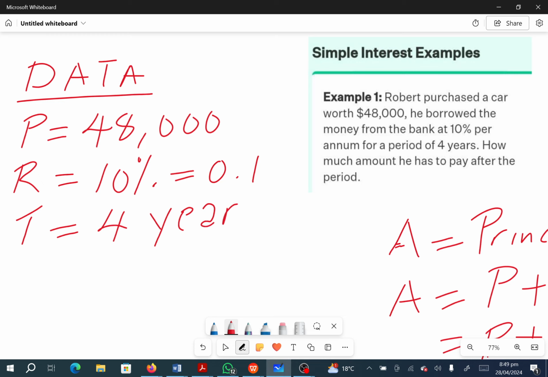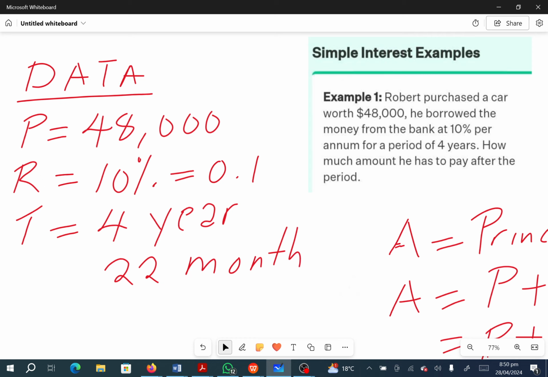Now, let me talk something about time. When we are calculating interest, time may not always be given in years or in annum. For example, let's say you have been given 22 months.